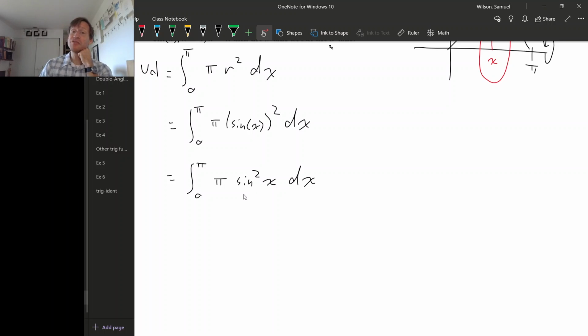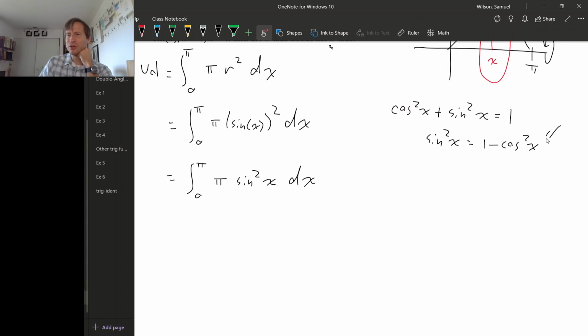And there are lots of different trig identities, but let's concentrate on identities that have a sine squared in them. Well, cosine squared plus sine squared equals 1 is maybe the first one that comes to mind. But using this won't really help. I mean, we could rearrange this to get sine squared x equals 1 minus cosine squared x.